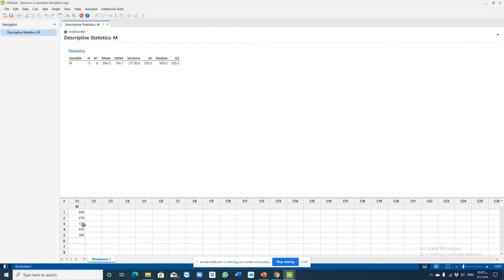The mean is only the sum of values over the number of readings. But the standard deviation shows how each value differs from the mean.